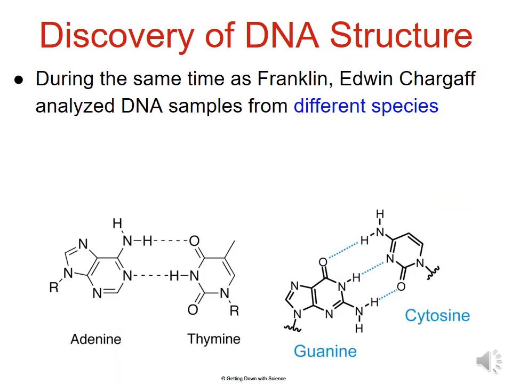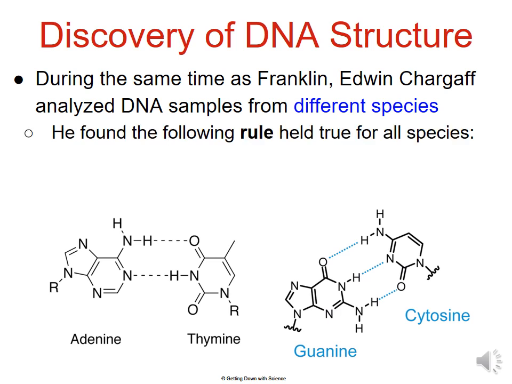So while she was doing her work, another scientist named Edwin Chargaff was analyzing samples of DNA from all sorts of different species, and he made the observation that the percent adenine and the percent thymine always seemed to be pretty much the same, and the same thing with guanine and cytosine.